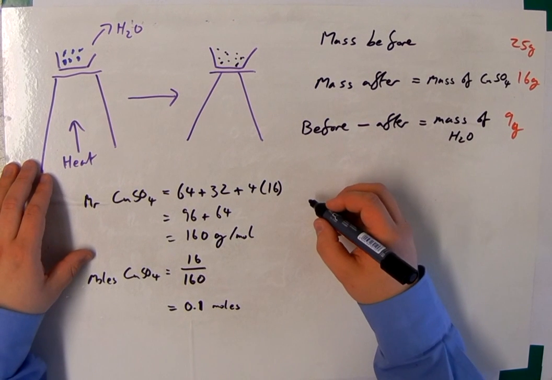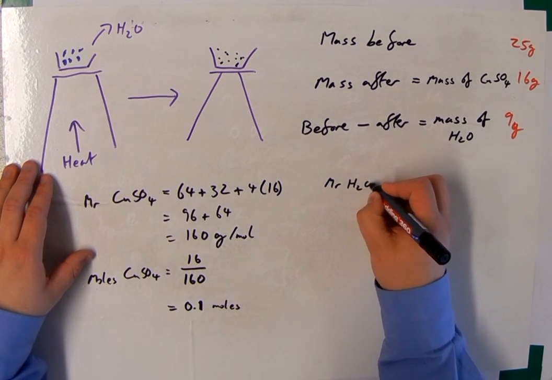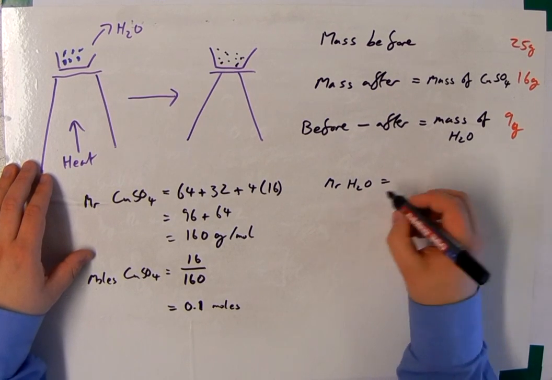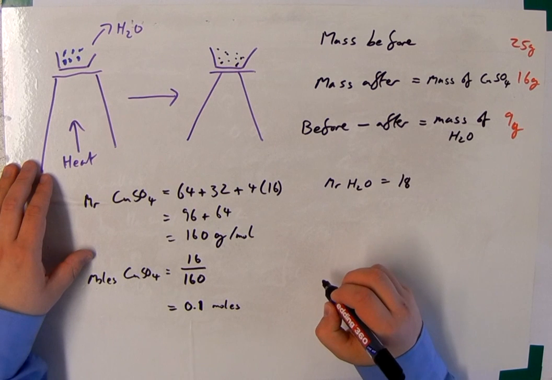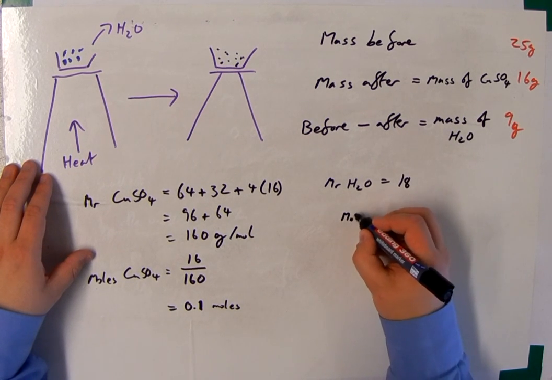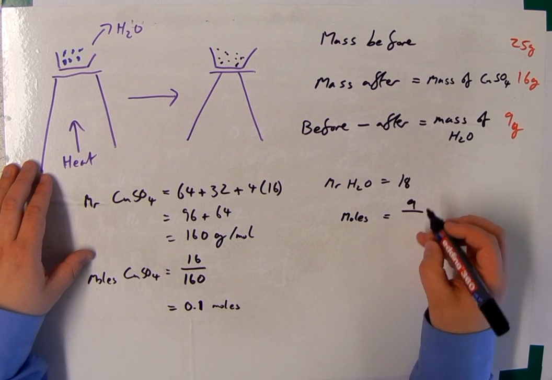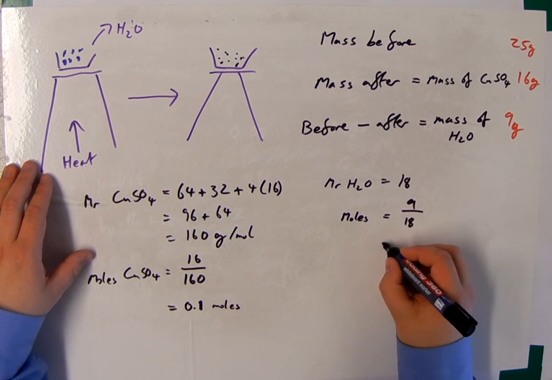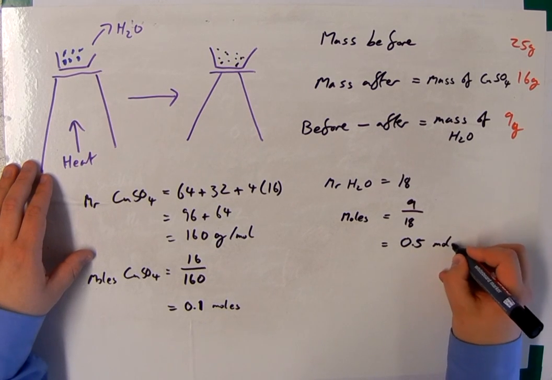What about our water? Well, the Mr of water, relative mass, is going to be 16 plus 2, 18. Moles is mass divided by Mr, 0.5 moles.